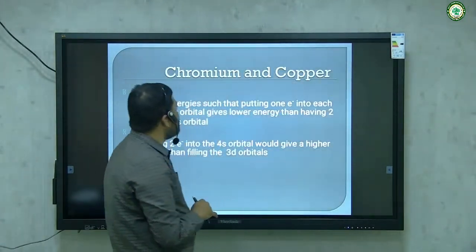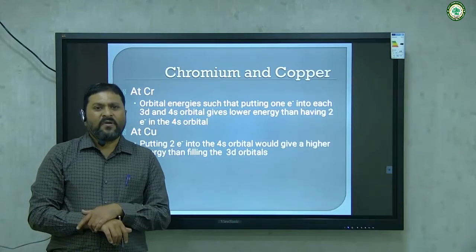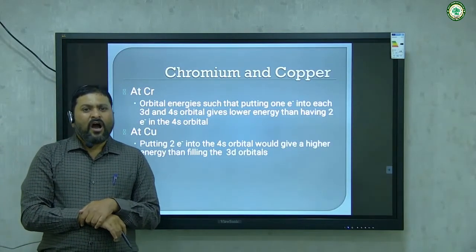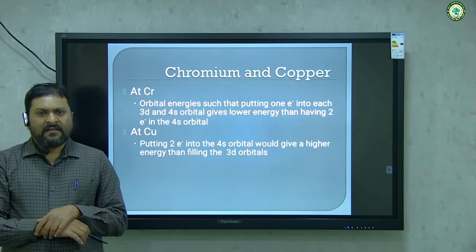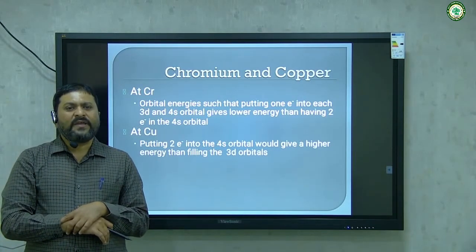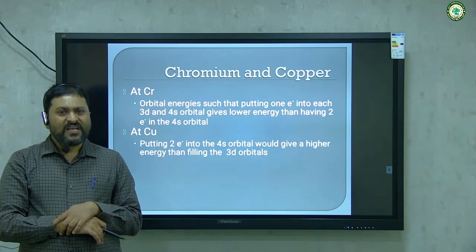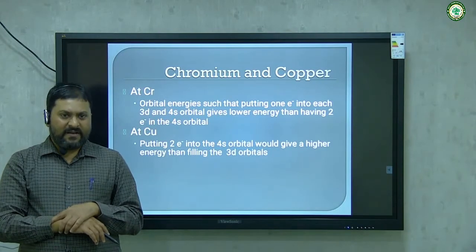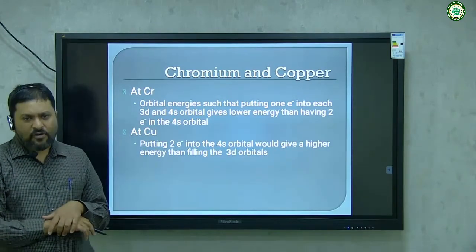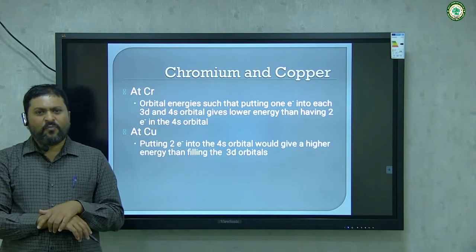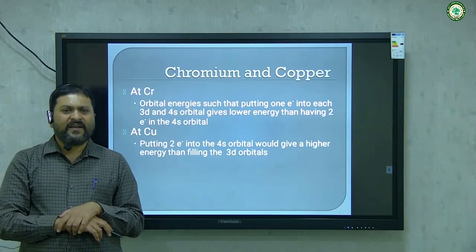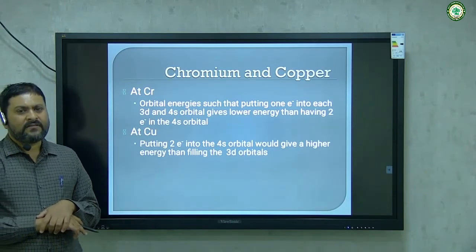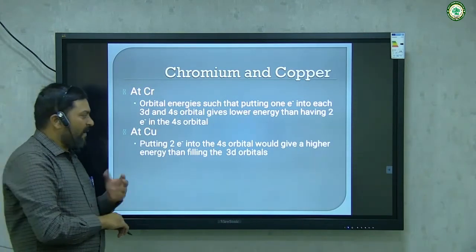After that we have to see chromium and copper. Just before I explained, in chromium the orbital energy is such that putting one electron into each of the 3d and 4s orbitals gives lower energy than having two electrons in the 4s orbital. A similar thing happens in copper, where putting two electrons into the 4s orbital would give a higher energy than filling the 3d orbitals.